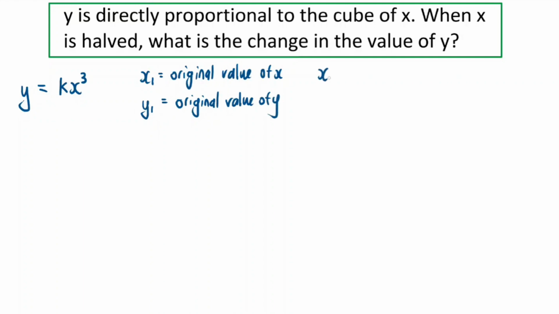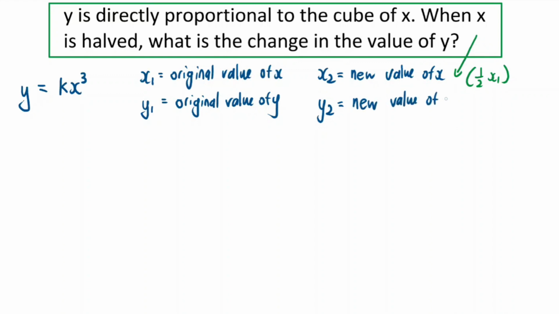Then we have x2, which is the new value of x, and this new value of x is half the original value of x, or half of x1. And y2 would be the new value of y, and this is the value of y that we are trying to find when x is halved.